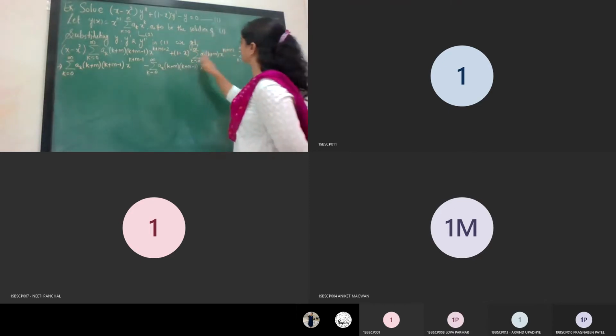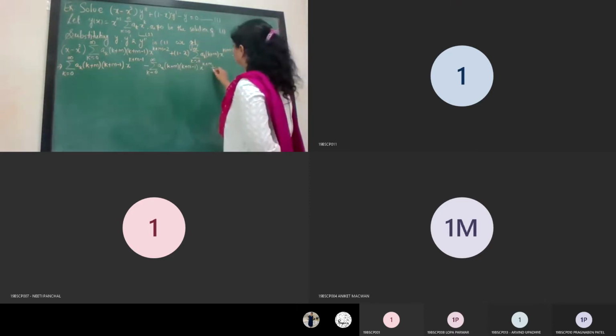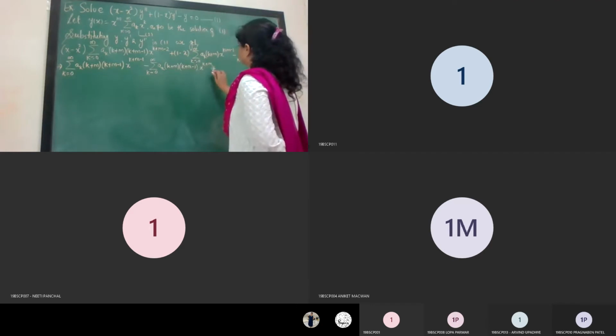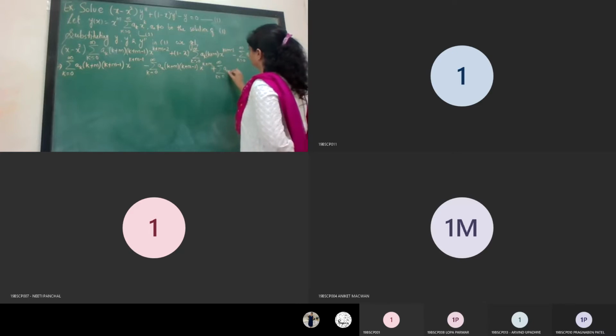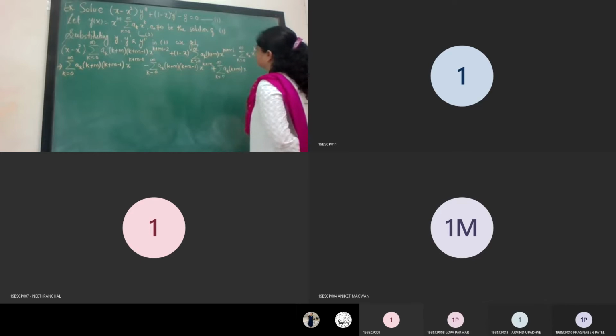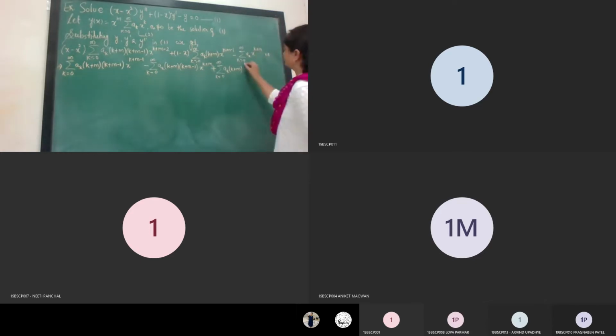Then multiplication of 1 with this will remain as it is with the positive sign. So plus summation k is equal to 0 to infinity ak k plus n x raised to k plus n minus 1.